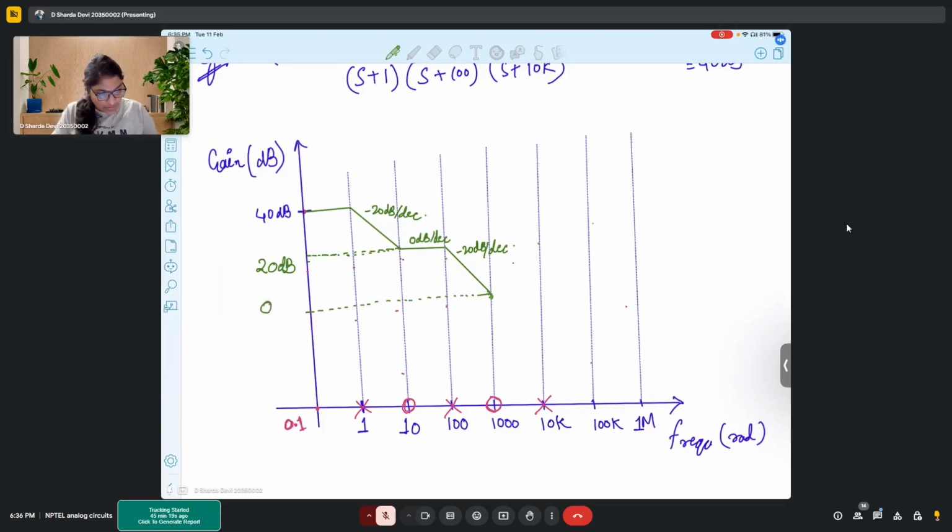Okay, so what is the value over here? This is 0 dB, right? And again, you observe a zero, so it will be a straight line. Here you will see it is 0 dB per decade. Then again, you observe a pole, so your curve will continue with a slope of minus 20 dB per decade.